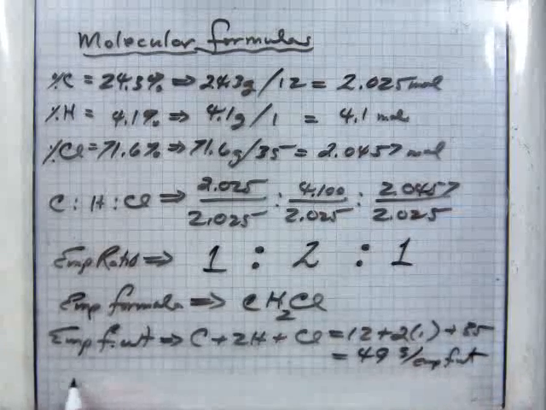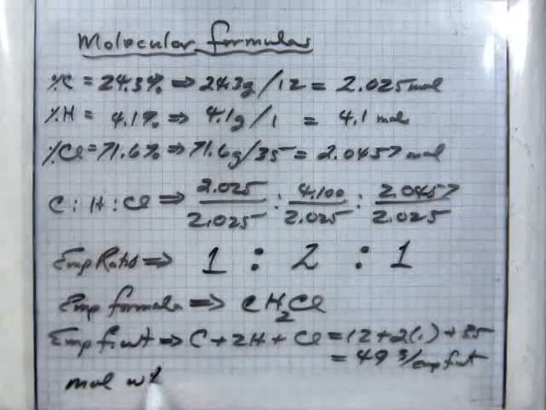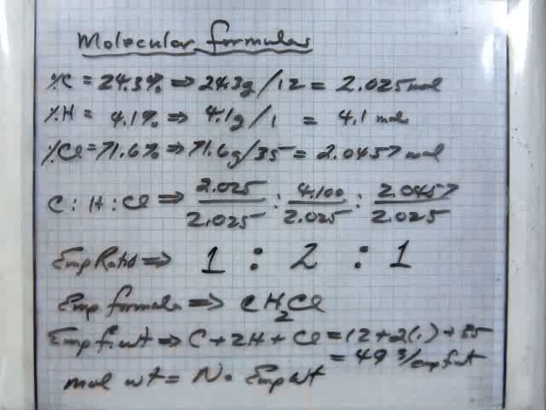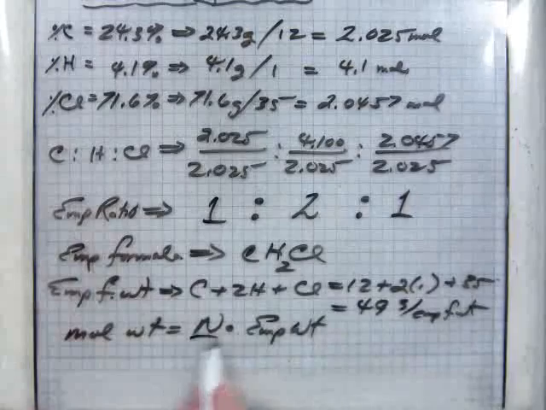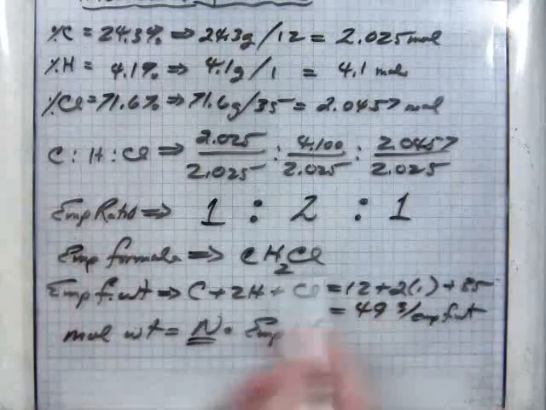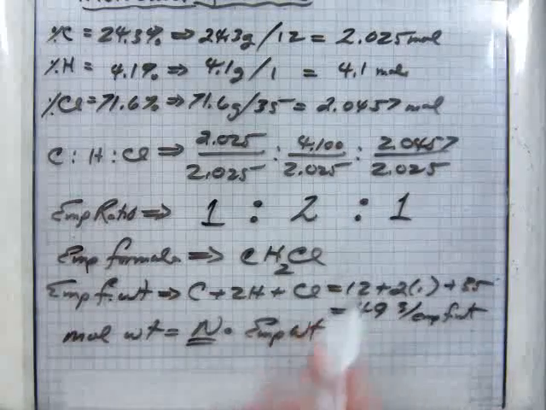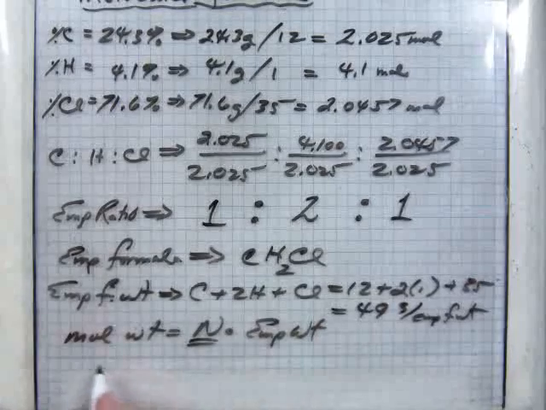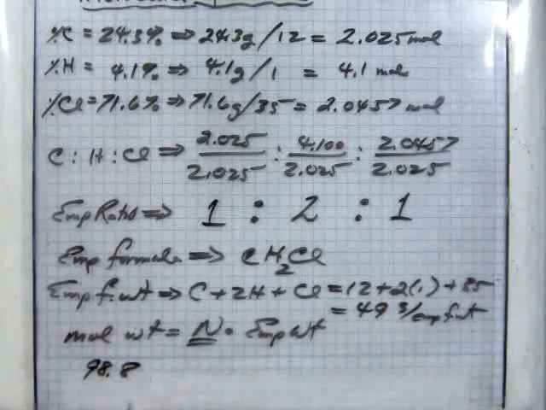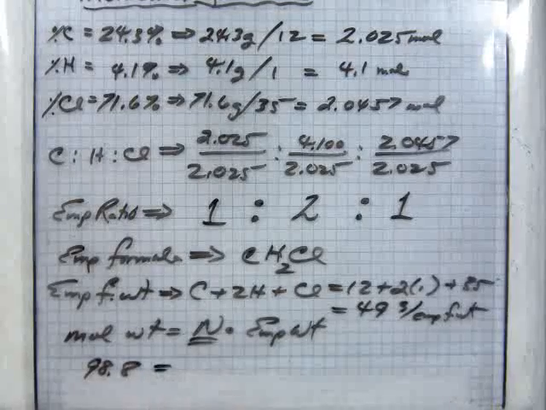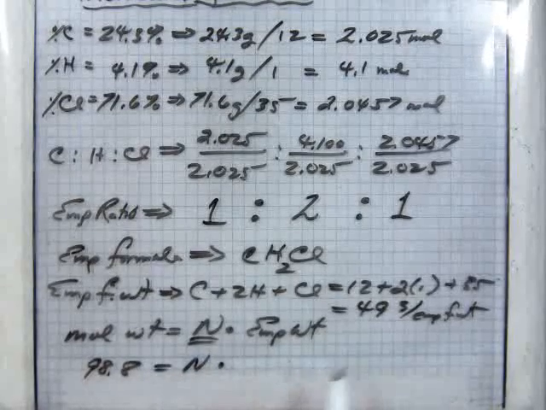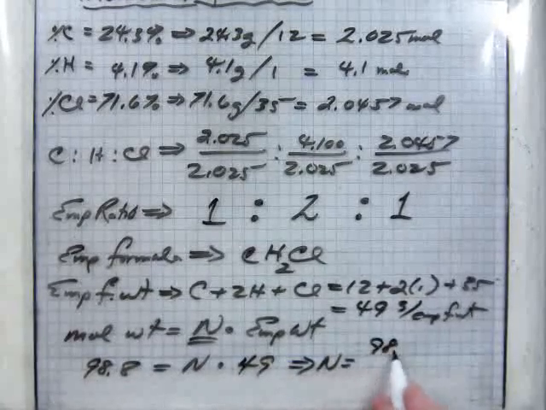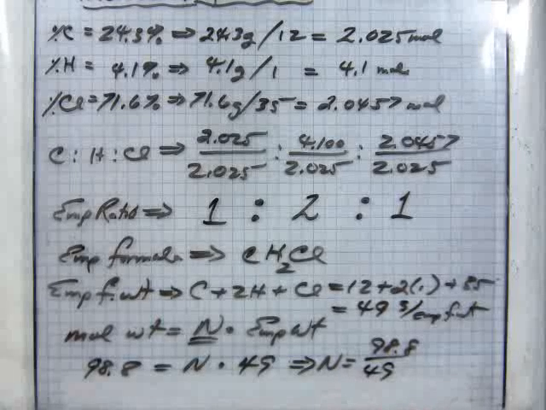And so the mole weight given is n times the empirical weight. And so our object is to get that whole number multiple and then distribute it through the empirical formula. So it's given 98.8, isn't it? 98.8 grams per mole. You don't even worry about units because all you're looking for is the n number, divided by 49, and n is equal to 98.8 over 49.